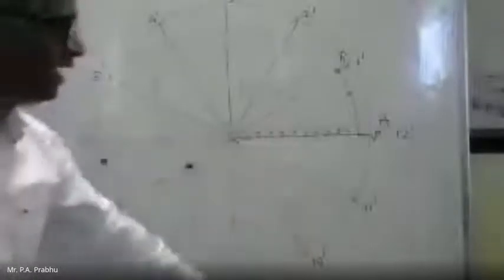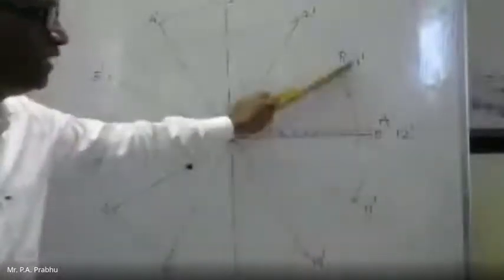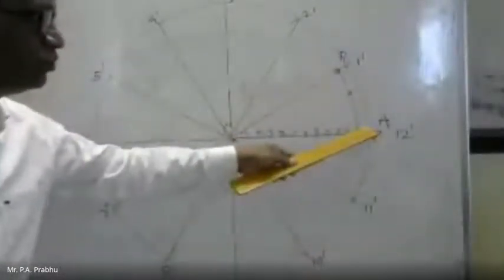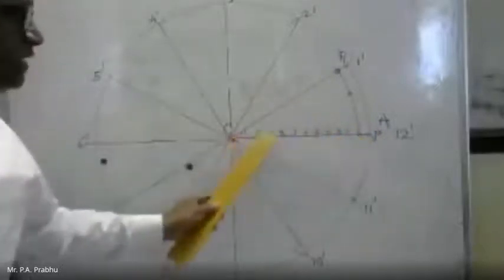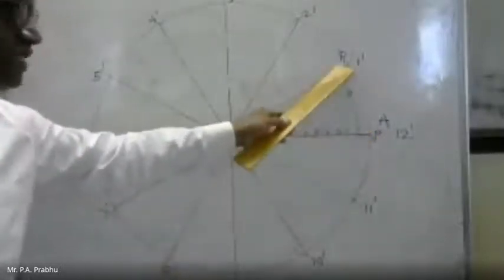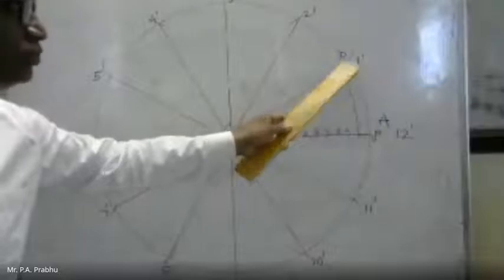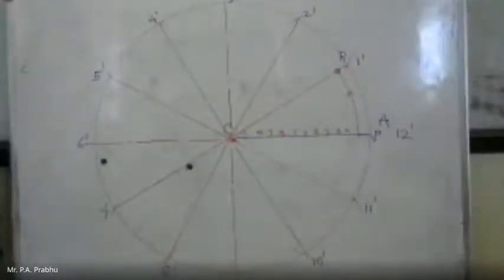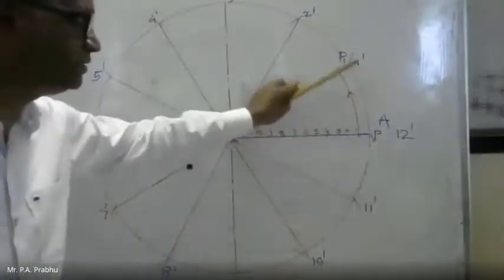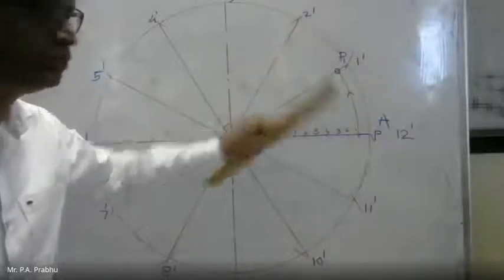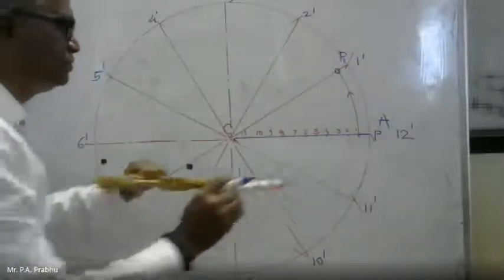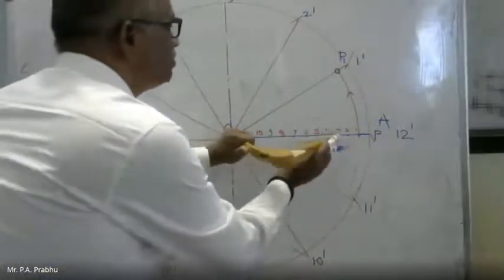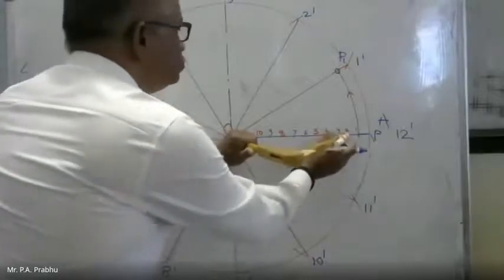Here, my line rotates one division and my point also moves one division. So take O1 as a center and draw this arc with a faint line and mark this position as the next position of point P, P1. My line travels to the next division and the point also moves through one division, so the next position will be 2.